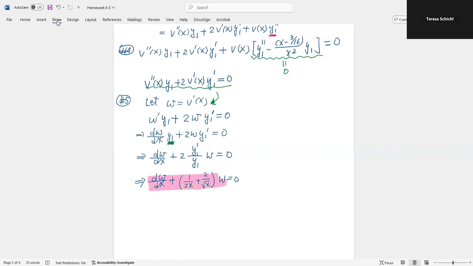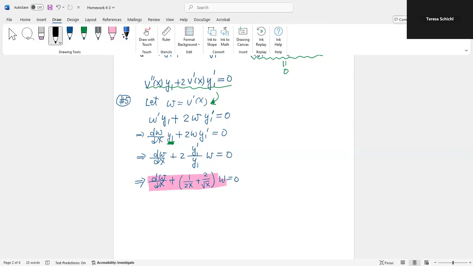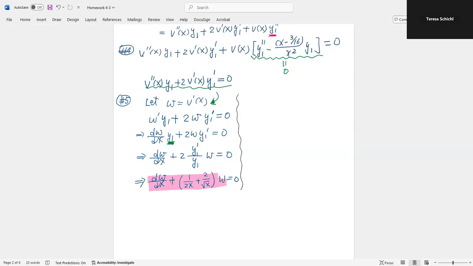Then on the side here, I want to show you how I get this one. Basically, it's just very tedious algebra. So this is y1 prime and y1.